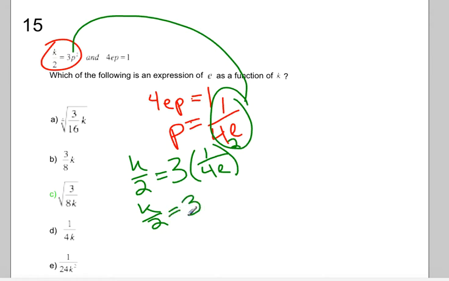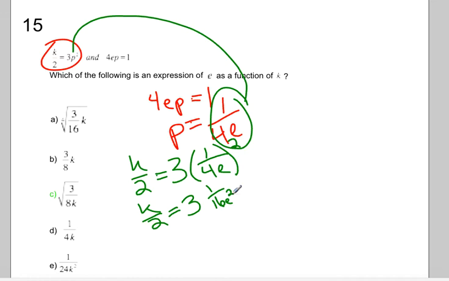And I'm going to square it so that I get 1 over 16e squared. Now keep in mind I need e as a function of k, so I need to get e by itself. That's the one I'm expressing as a function of k, so it's almost like f as a function of x. So I need to get the y or the e by itself.